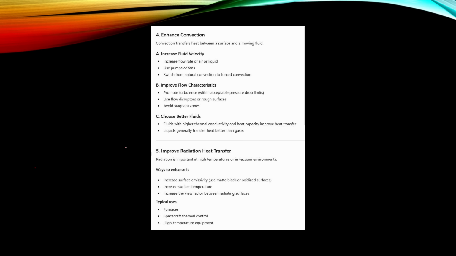You can also improve radiation heat transfer. Radiation is important at high temperatures, and when you want to improve radiation you need to increase your surface emissivity. In that case you can use, for example, oxidized surfaces or black surfaces.